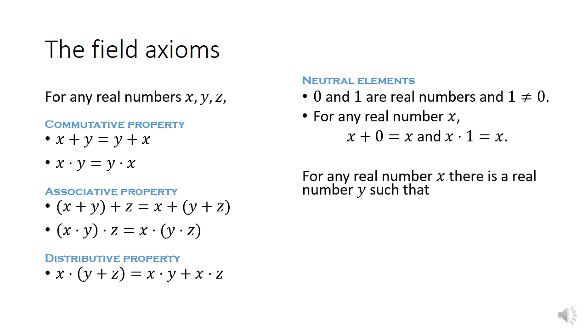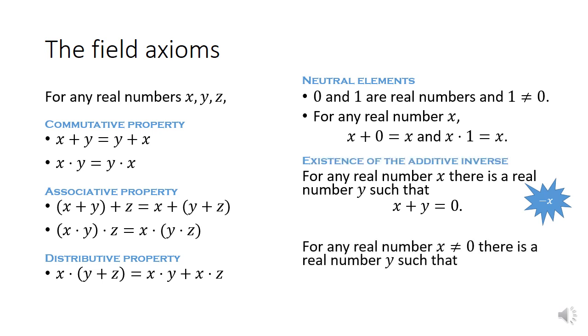Furthermore, for any real number x, there is a real number y such that x plus y equals 0. This number is uniquely determined, which follows from the previous axioms, and is denoted by negative x. It is called the additive inverse of x.